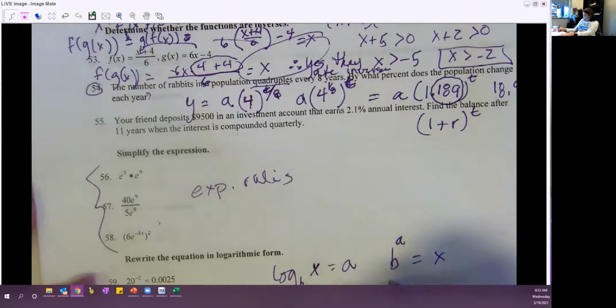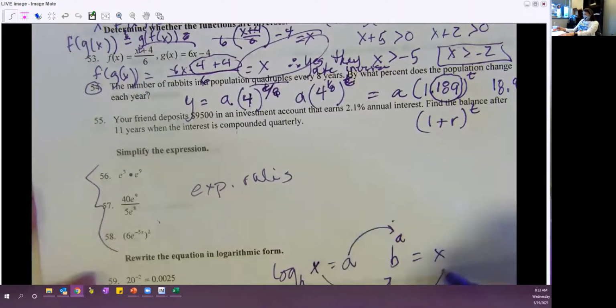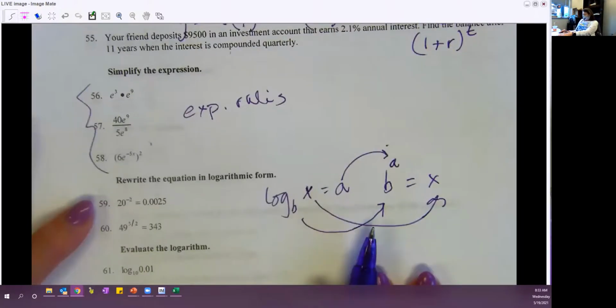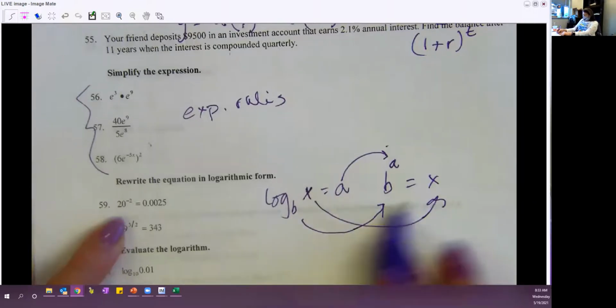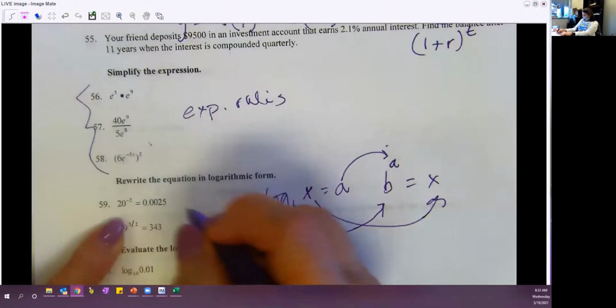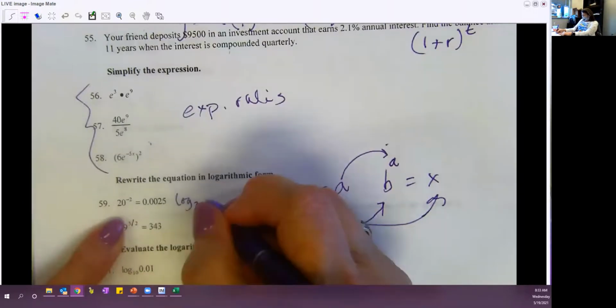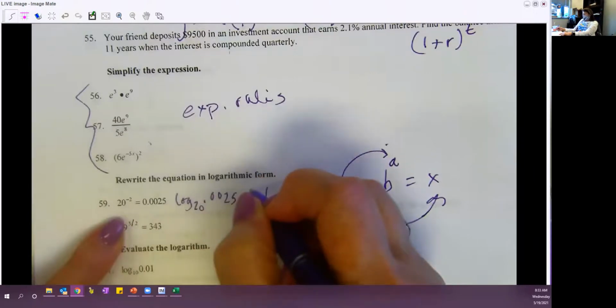So the base goes here, the exponent goes there, and this is the number. So using this pattern, if we have b to the a equals x, then this becomes log base 20 of 0.0025 is equal to -2.